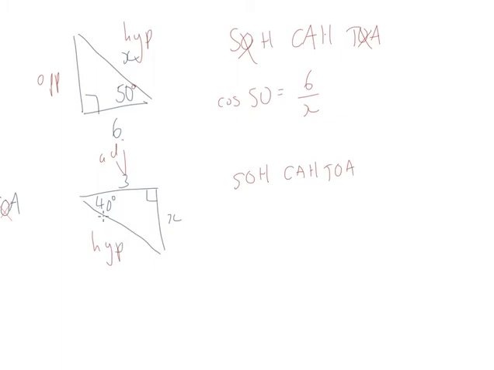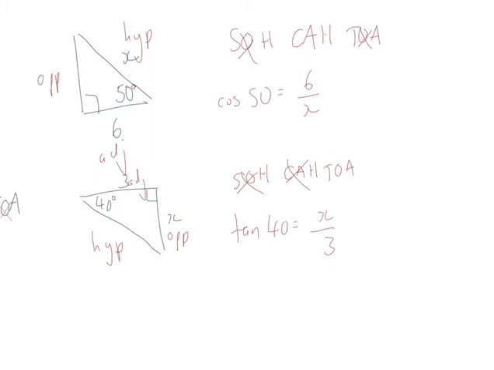I'm not interested in my hypotenuse, that's out. It's going to be a tan question. I've got the opposite side and the adjacent side. Opposite on adjacent, so tan 40 is opposite, x, on 3 here.